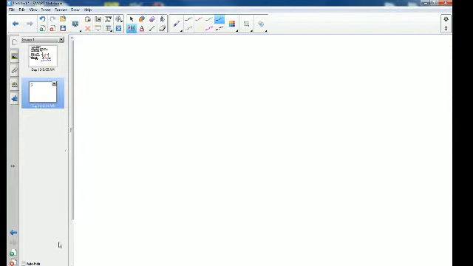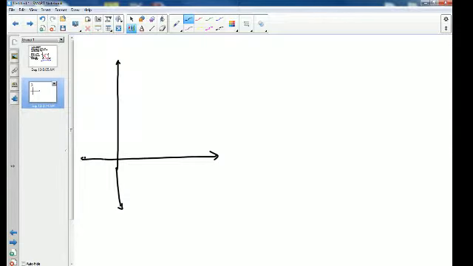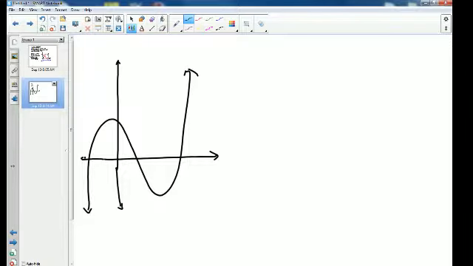Okay, let's do this. On your papers, copy this graph down. So this is the function. Just approximate, it doesn't have to be perfect. Draw the first and second derivatives.